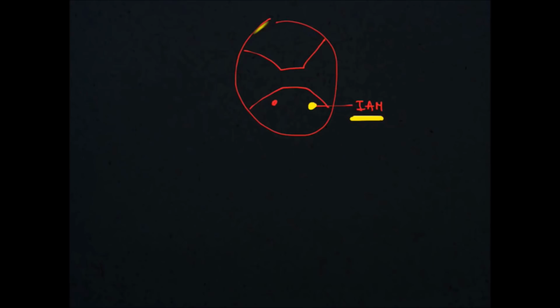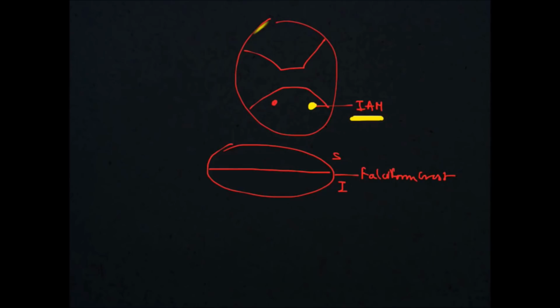Now if I draw the diagram, the internal acoustic meatus is divided into two parts, superior and inferior, by a crest which is known as the falciform crest. The superior part is divided into anterior and posterior by Bill's bar.